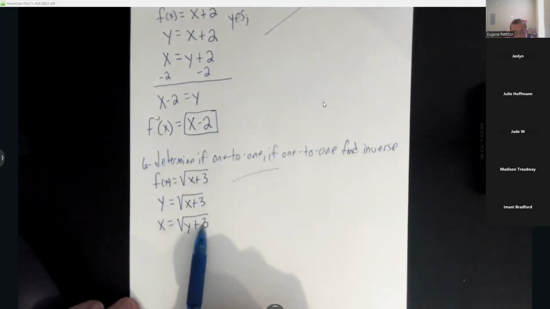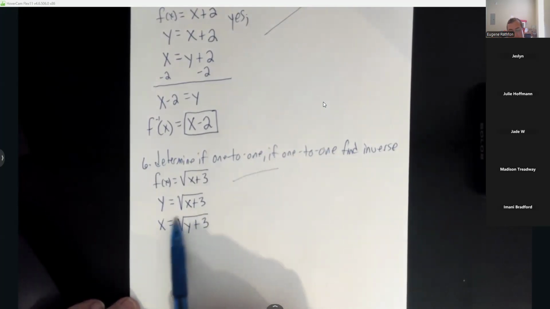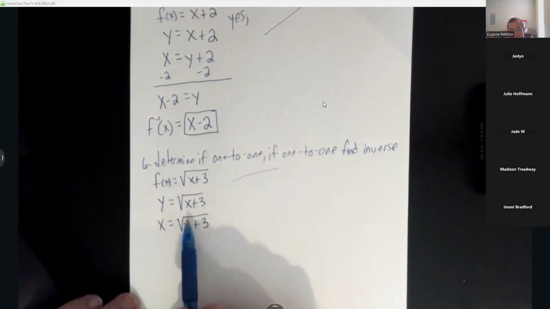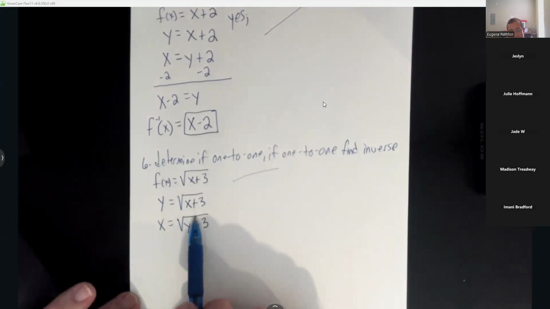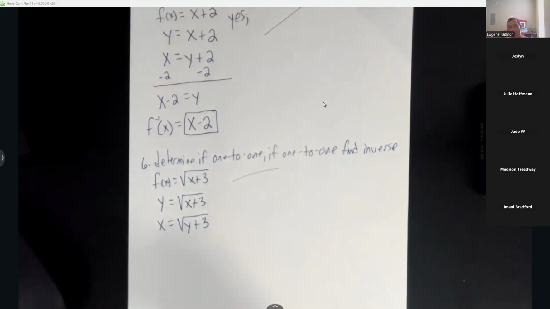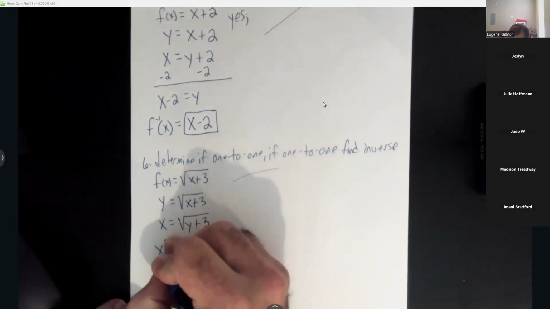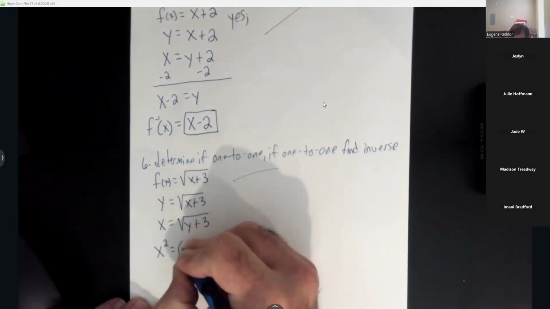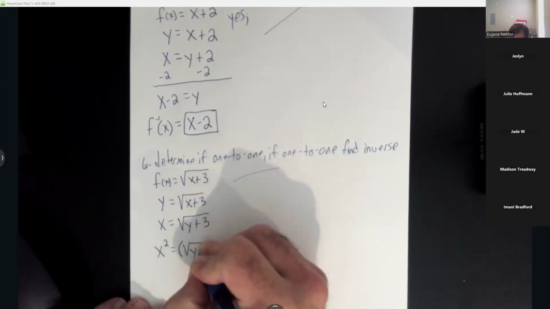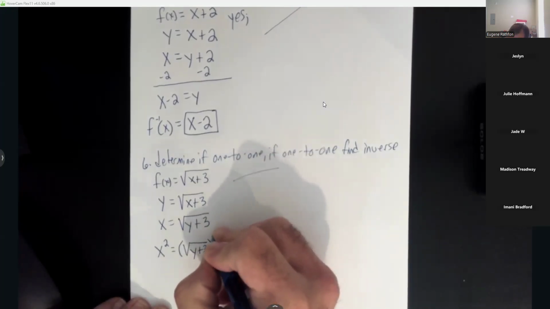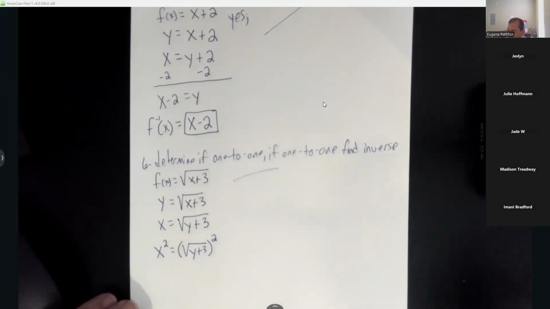Now this is the problem where I couldn't move the 3. You can't subtract 3 from both sides because that 3 is under this square root. So your first move would be to get rid of that square root. To get rid of square roots, we're going to square both sides. So we're going to square the x, and that's going to equal the square root of y plus 3, squared.